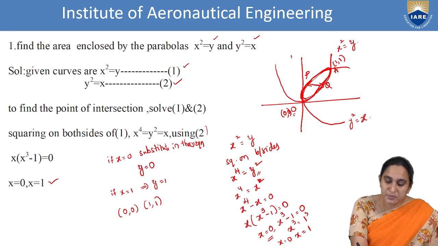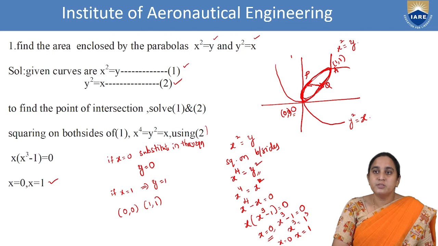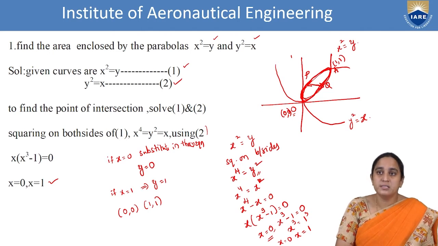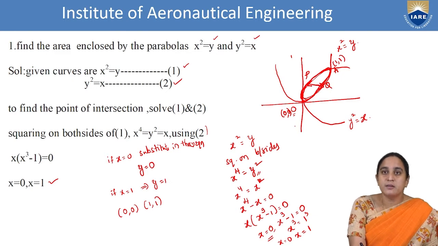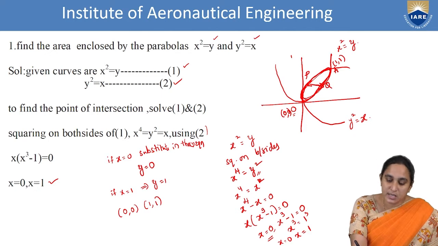This line represents which one is the upper limit and which one is the lower limit. The area formula is the double integral of dx dy. If you are integrating first with respect to x, I am using here a horizontal strip. This is the horizontal strip.